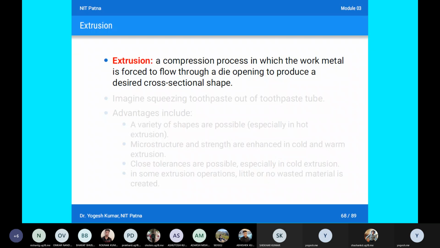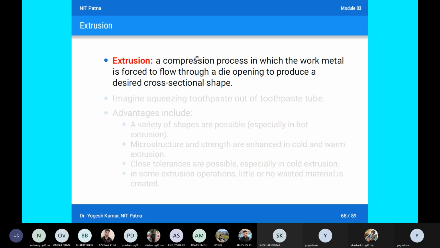And obviously some analysis part also, the force requirement and energy requirement, we are going to cover in today's lecture. I will try to finish the whole extrusion process in today's lecture itself, so that we can complete bar and wire drawing tomorrow. So we will go a little bit fast.